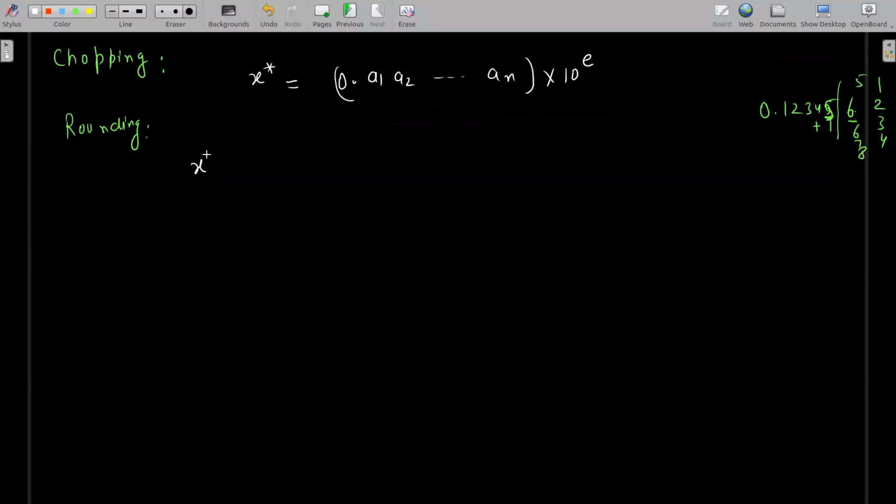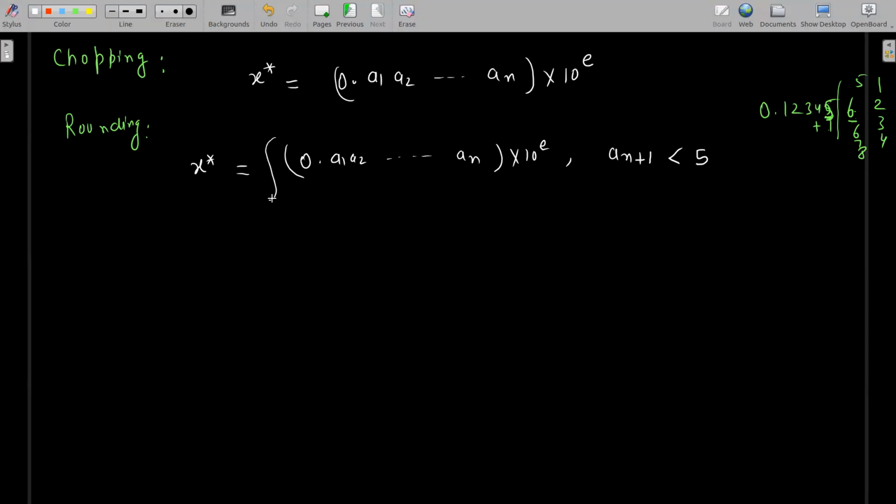So how is rounding defined? You will keep the number the same, 0.a1 a2 up to an, when the next digit, an plus 1, is less than 5.